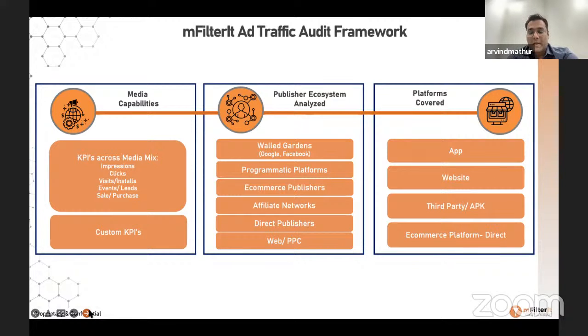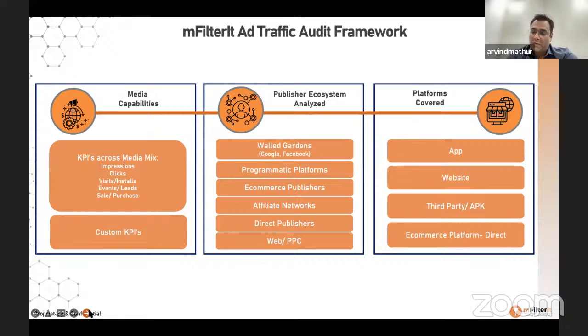Affiliate networks, direct publishers, or even any kind of pay-per-click campaign with a direct publisher. So any kind of publisher ecosystem a brand works with could also be analyzed within the audit framework.